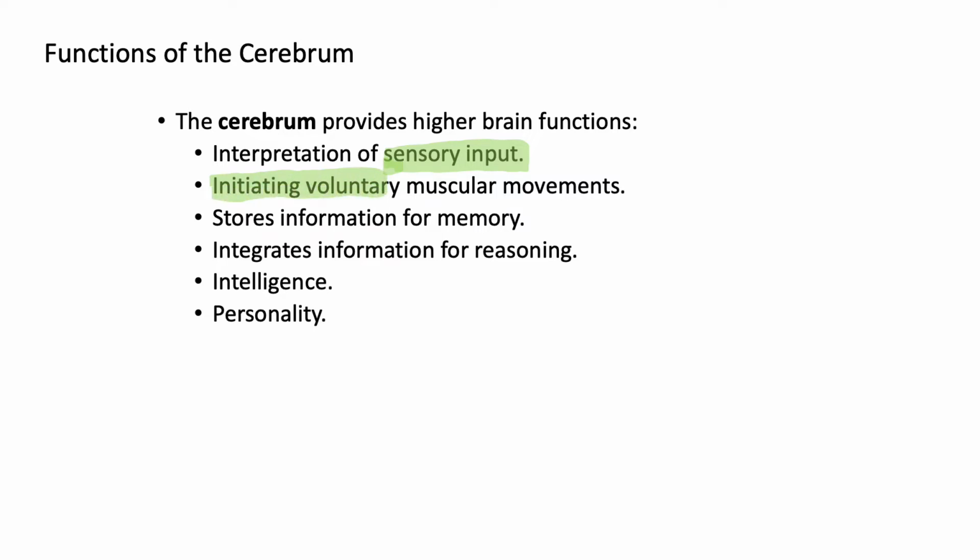Cerebrum has a role in memory and also reasoning. I also want to add that intelligence, which is basically processing the sensory information and making sense out of it in a complex way, and also personality are also associated with cerebrum.